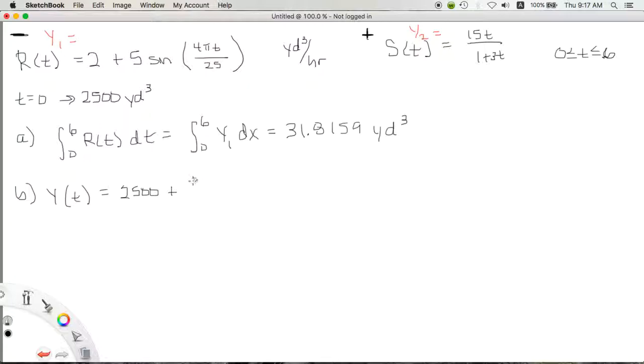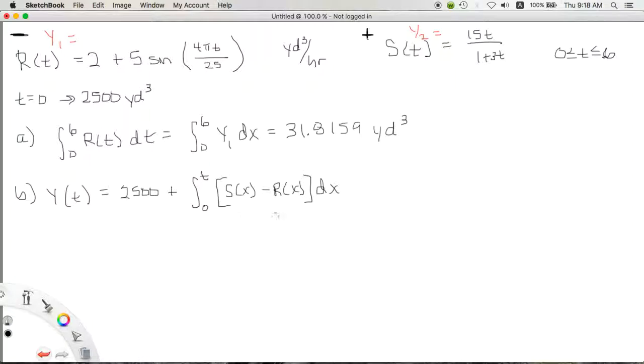So what we need to know is the total amount, the net change of what happens with the removal and the adding it on. So we're going to start at time 0, and then we want a function of t. So we're going to leave this t variable up here, and then we're going to say, well, we're adding this amount, and we're subtracting off this amount.